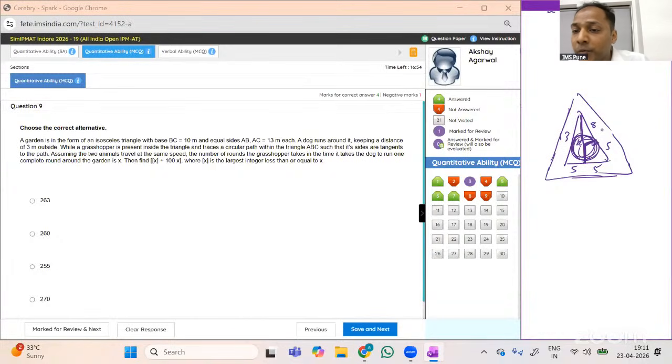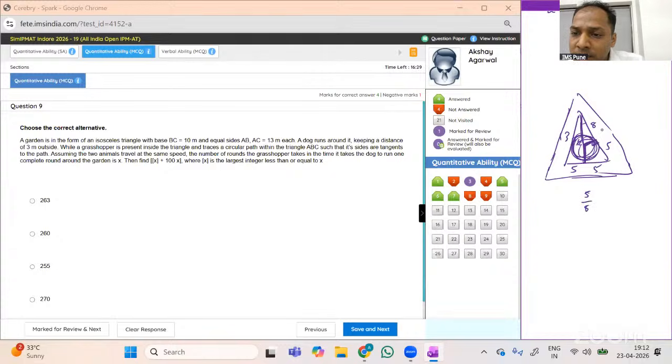And the ratio of opposite side to the hypotenuse for this theta... sorry, adjacent to opposite, or opposite to adjacent, is 5 by 8.